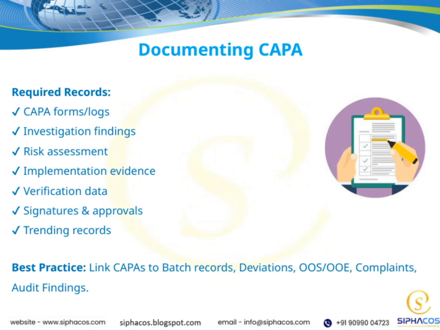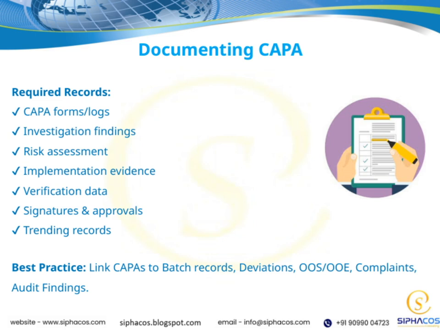Signatures and approvals are crucial to verify accountability and review, ensuring that the right people have validated each stage. And finally, maintaining trending records helps us monitor patterns over time, so we can identify recurring problems and improve our processes.